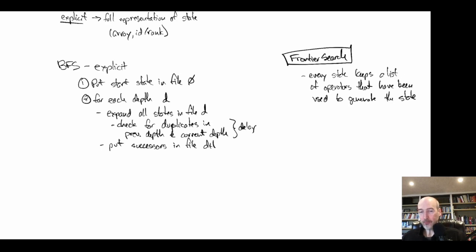And so if I'm able to mark states in that way, then when I go to expand a state here, as I expand these states, I actually know in the previous layer where I reached states. Now, there could be duplicates within the current depth, and this is something I would have to deal with.